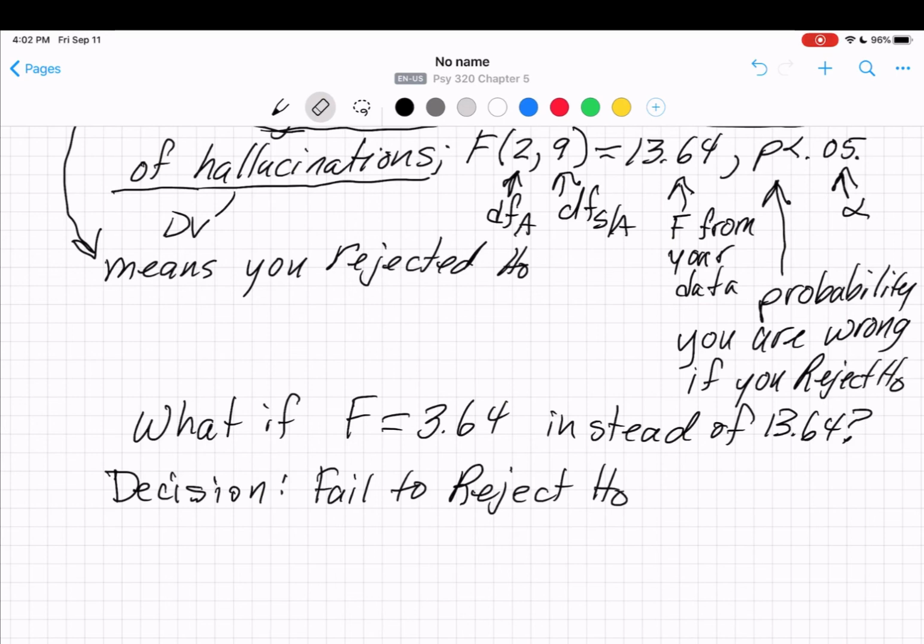This is because 3.64 is less than our critical value of 4.26.